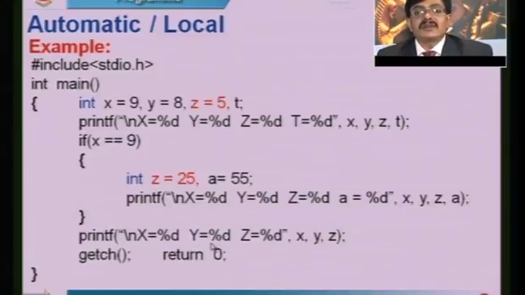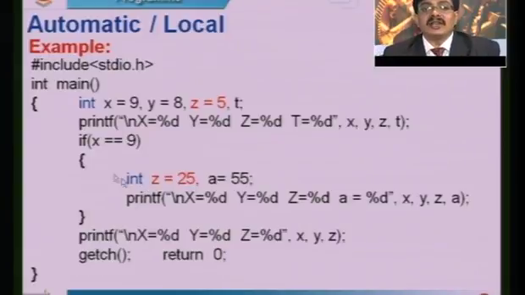The lifetime of a variable, the life of the locally declared z and a, is within this particular if block only. When I come out of the if block, this z will not be there; rather I will be referring to the z which I declared in the main block. The value of z will be 5. So here the x value will be 9 as usual, the y value will be 8 and the z value it prints is 5, not 25, because that z is nowhere existing when I am coming out of this particular block.